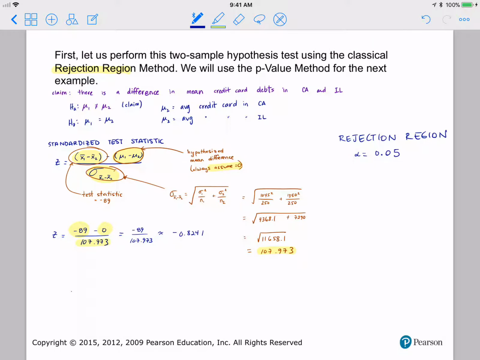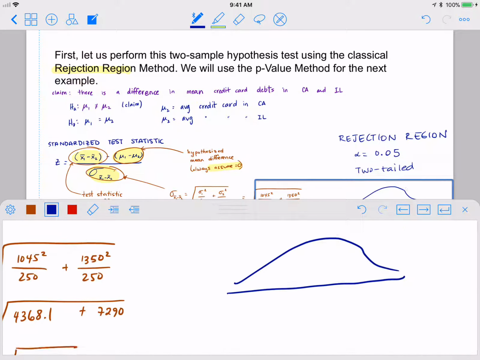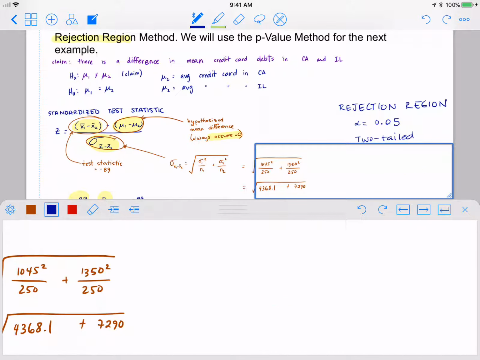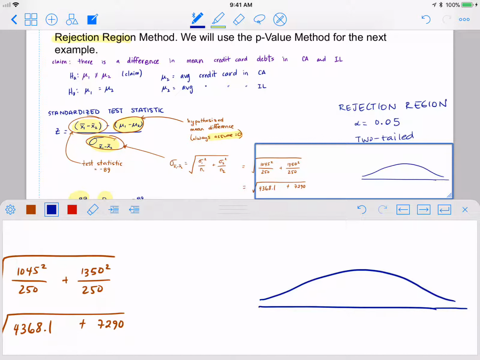Okay, so since we're having two-tailed and our alpha is equal to 0.05, essentially our picture, it's not a good picture, but let me try to do a better job. Okay, so here's our picture.